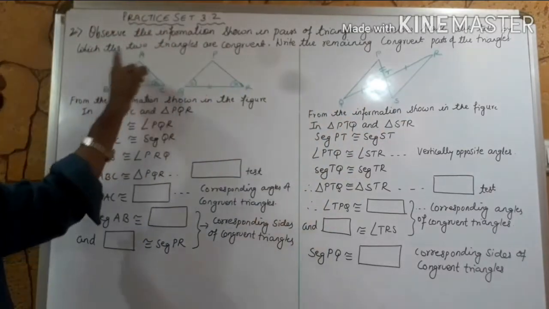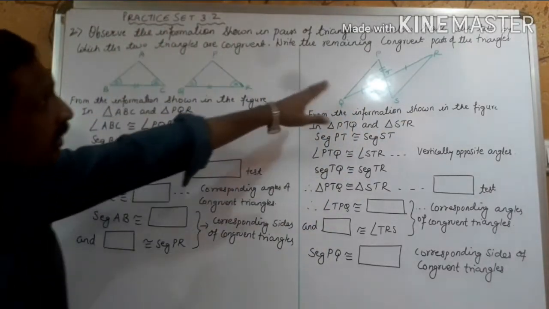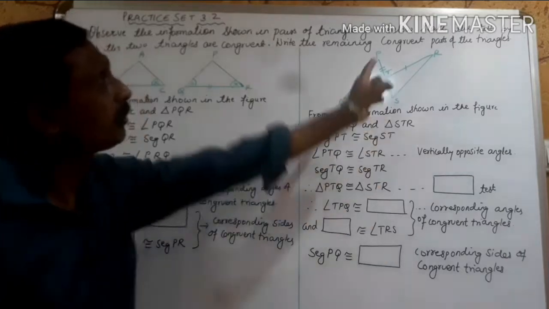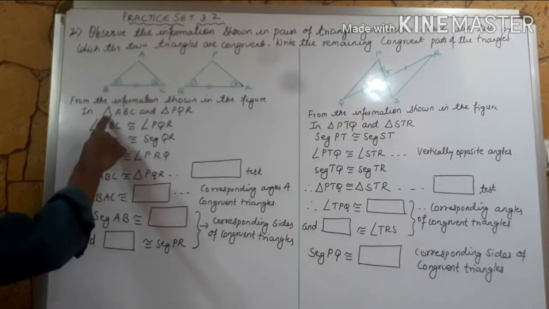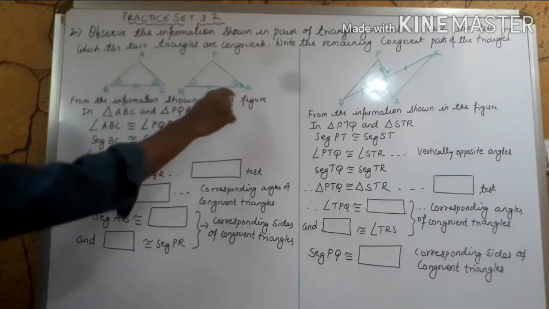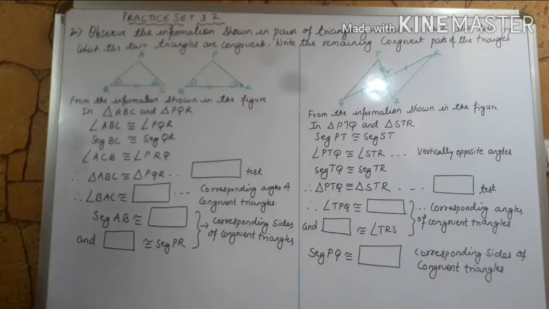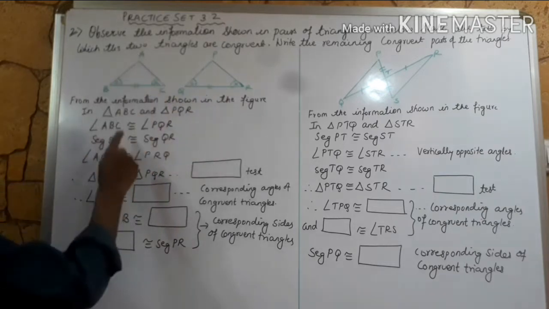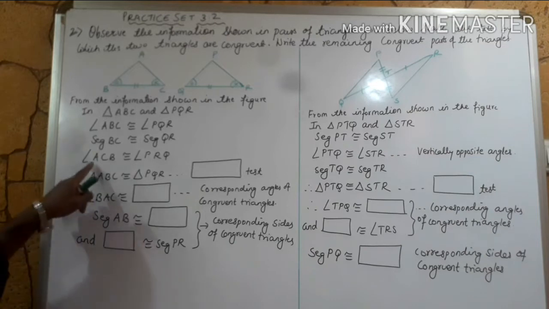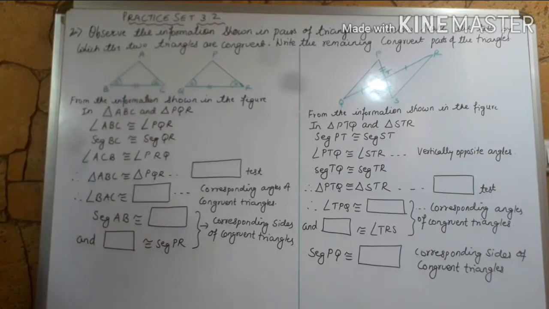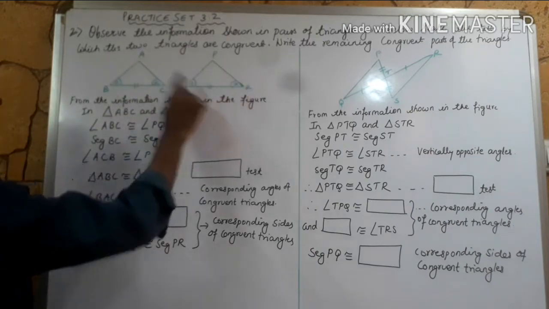Second one, observe the information shown in pairs of triangles given below. State the test by which the two triangles are congruent. Write the remaining congruent parts of the triangles. From the information shown in the figure, in triangle ABC and triangle PQR, angle ABC congruent to angle PQR, segment BC congruent to segment QR, angle ACB congruent to angle PRQ.